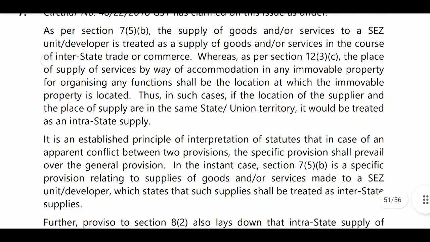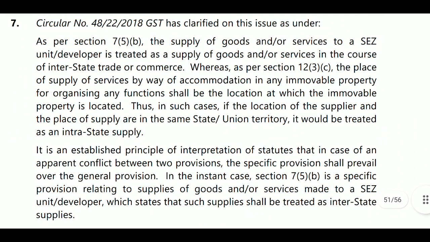Question number 7. What is the answer provided? As per section 7(5)(b), the supply of goods and services to SEZ units and developers is treated as supply of goods and services in the course of interstate trade or commerce.